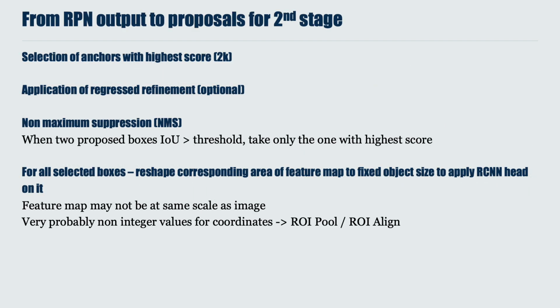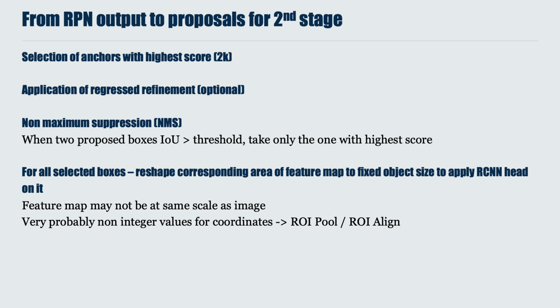So now what do we do once we have our proposals and once we have assigned them to ground truth? So we need first to select the best anchors, the ones that have a highest score, and we choose a specific number of them. We can apply some kind of refinement to them to try to make them better. And then we need to make sure that we don't use too many of the same boxes all the time.